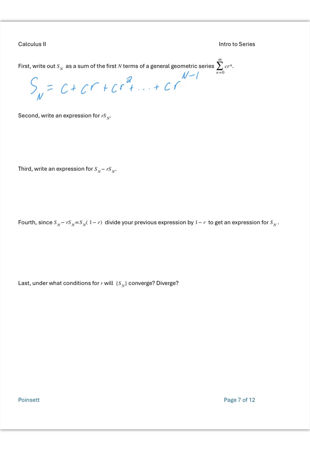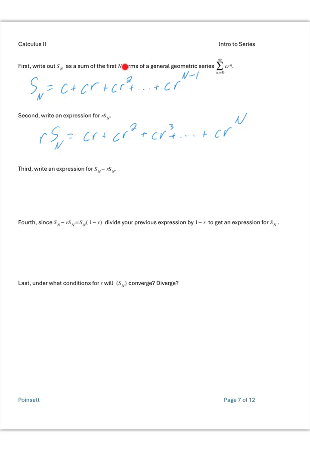Now let's take this expression and write r times S sub n. So r times S sub n would simply be CR plus CR squared when you distribute the R into all those terms, plus CR cubed, plus dot, dot, dot, CR to the n power. Now we're going to write an expression for S sub n minus R times S sub n.